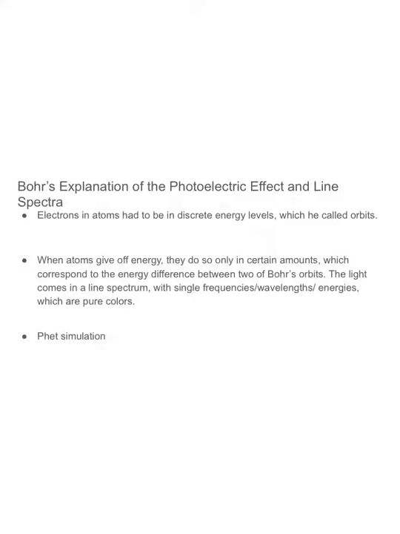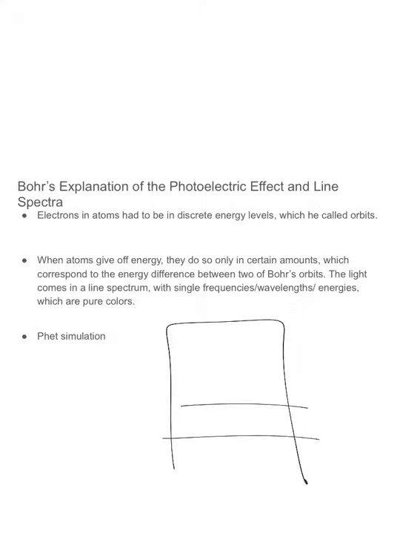So Niels Bohr tried to explain the photoelectric effect and the line spectrum, and basically what he said was that an atom was like a hotel, and each hotel had very specific floors.